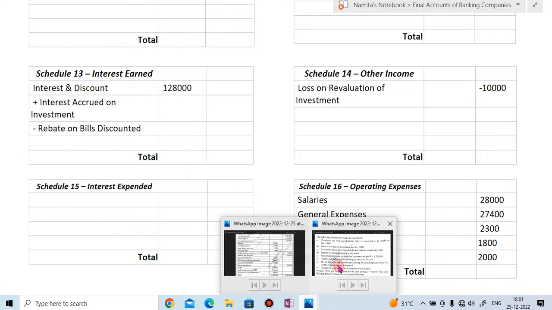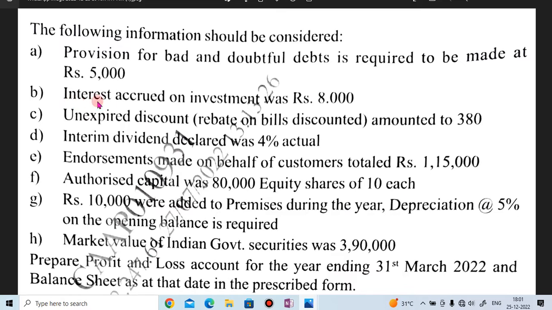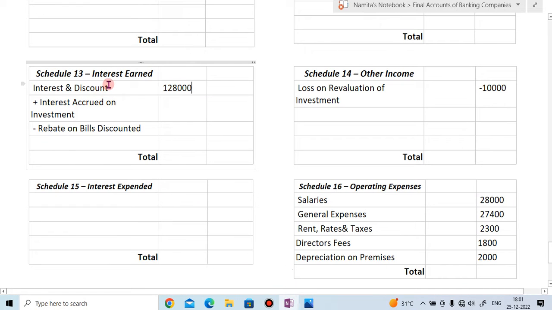Now what is the adjustment? Interest accrued on investment was rupees 8,000. So this is the interest earned on the investment but we have not received. So add this in schedule number 13, add interest accrued on investment 8,000.